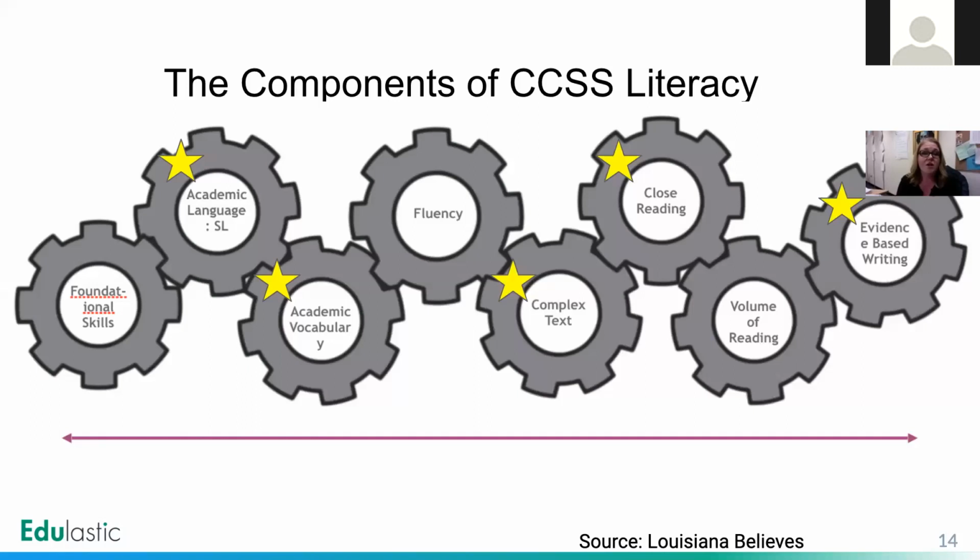And so Edulastic obviously can't address all of these different cogs of literacy, but it can address five specific ones really well. The academic language and academic vocabulary. So whenever I'm writing a question stem in Edulastic, I always make sure that it mimics the standard. And I make sure that the language of the standard is in the question, because the state tests are going to have the language of the standard in the question.